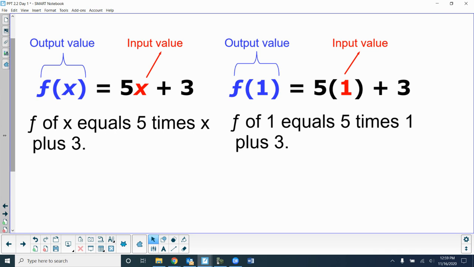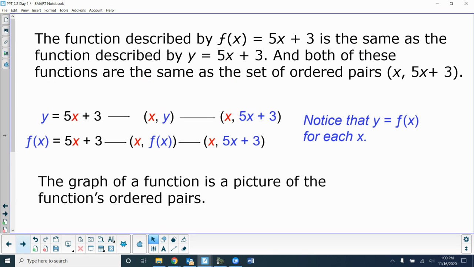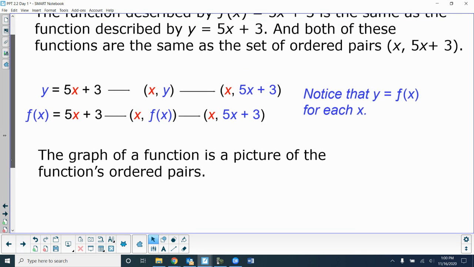That's function notation. If they ask for f of 1, that means to substitute 1 in for x and figure it out. So f of 1 would be 8. 5 times 1 is 5, plus 3 is 8. So my ordered pair would be (1, 8). Does that make sense? You guys remember that, I hope. Again, you're used to y equals 5x plus 3, but f of x equals 5x plus 3 is the same thing.